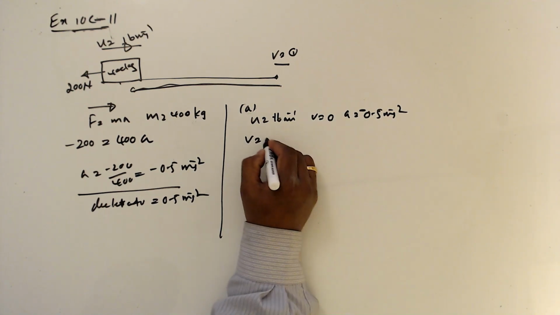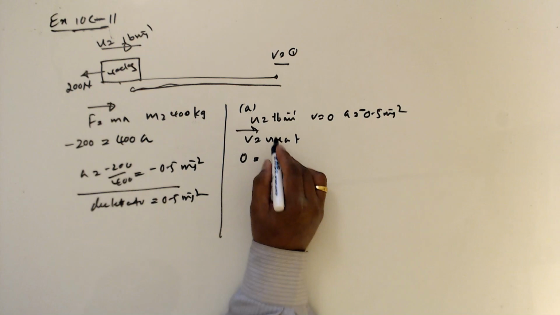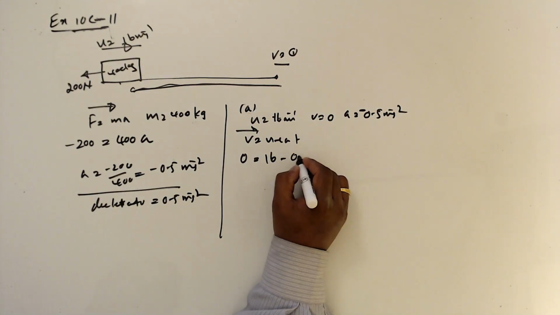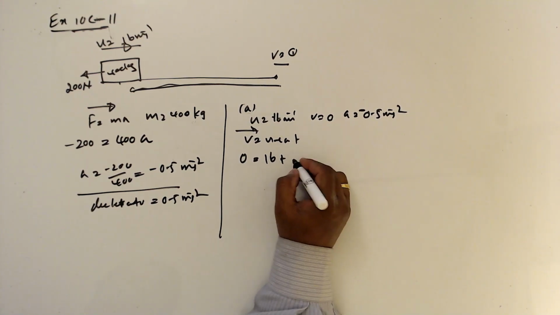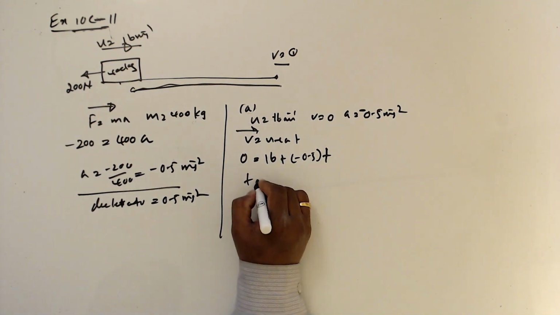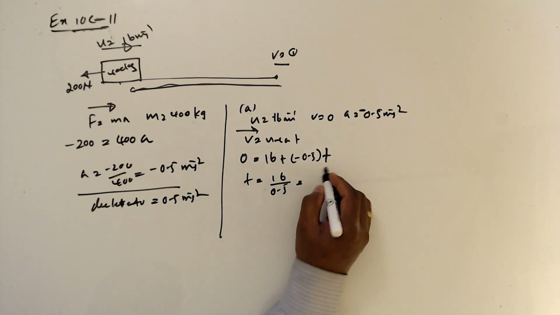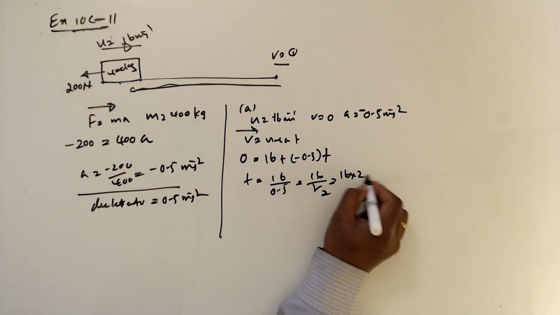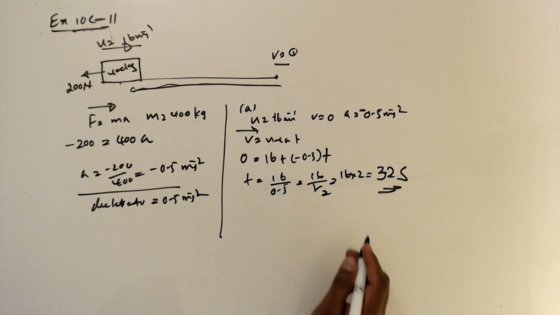So we'll put v equal u plus at in this direction. v is 0, this is 16 minus 0.5 times t. t equals 16 divided by half, 16 multiplied by 2, 32 seconds.